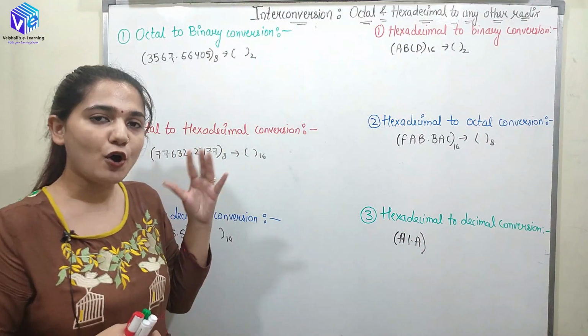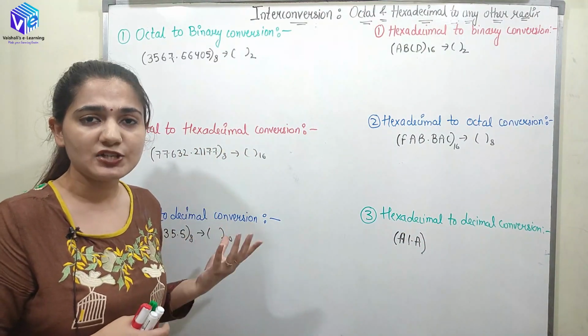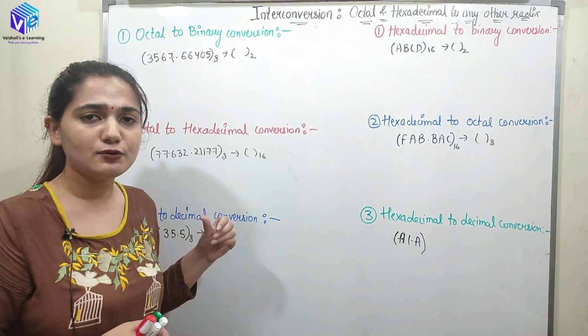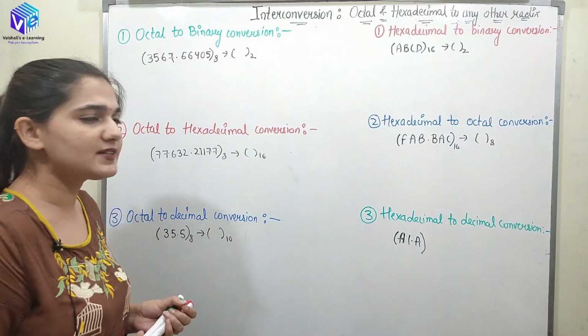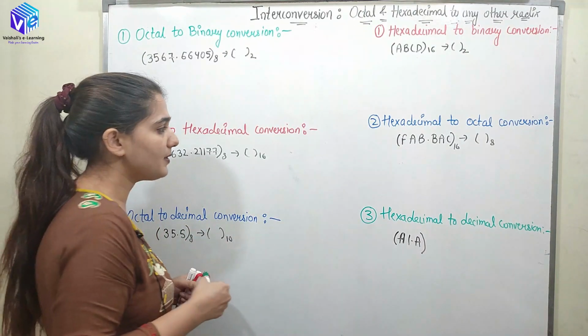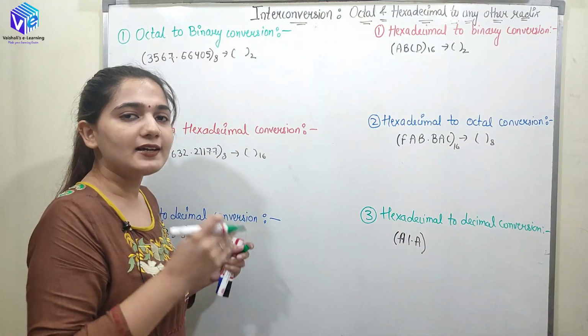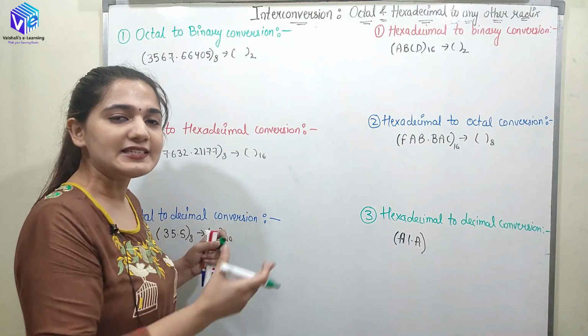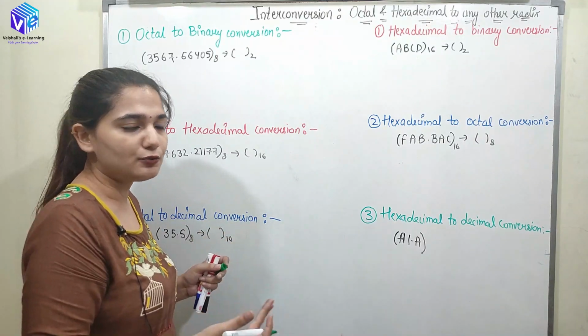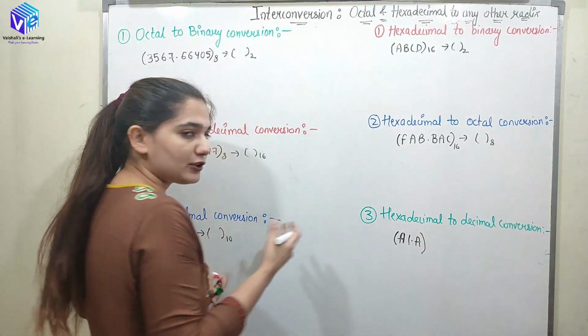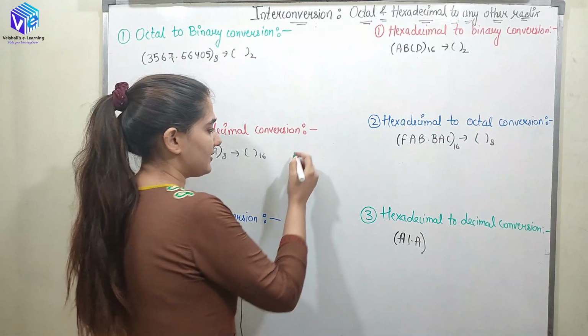So let's talk about the representations that we made in the previous videos. I made a chart for the representation of the hexadecimal and octal numbers. I am starting with making the chart first, so that our life will be easier and we can easily make the interconversion from octal to hexadecimal, octal to binary and hexadecimal to binary as well.